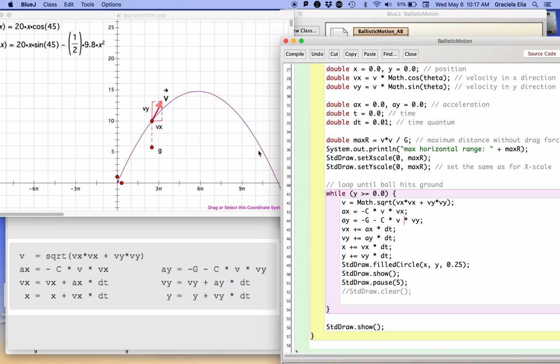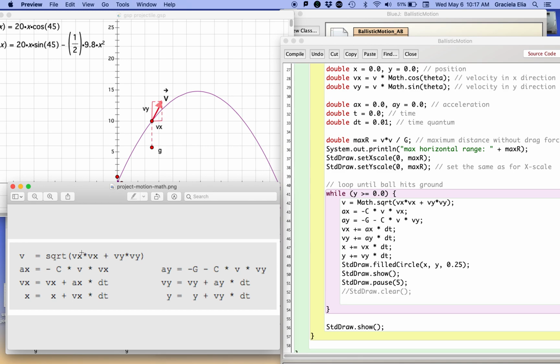And then coming in this direction, it's going to be pointing down. These are the formulas in the explanation of it, but I think they're more understandable to me in the actual code. But they're pretty much the same if you look at it.